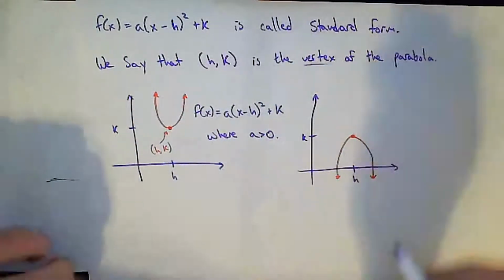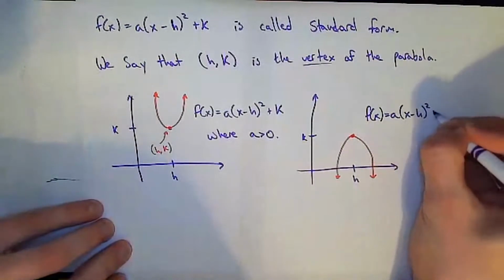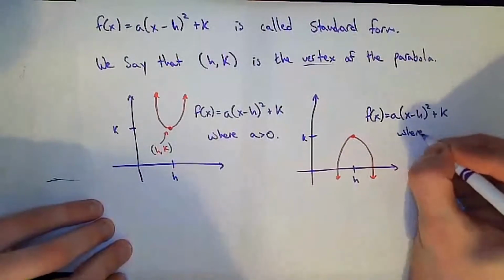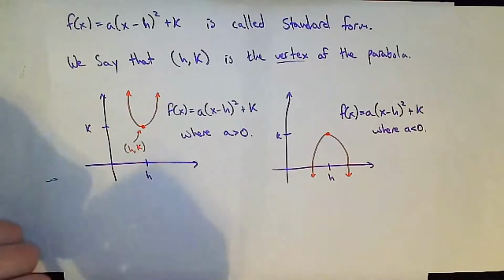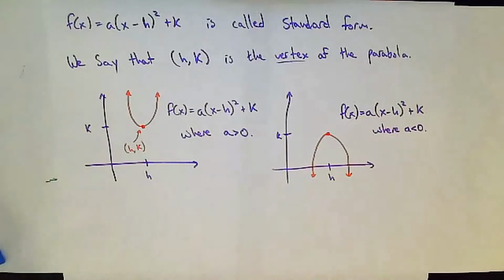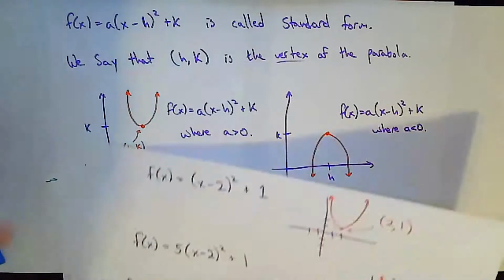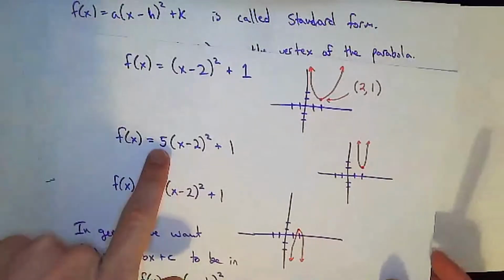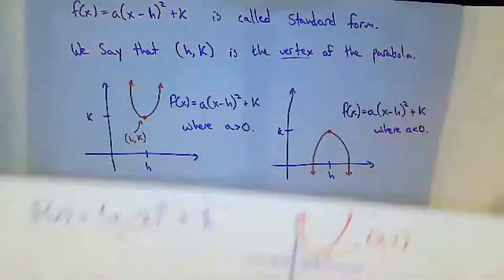So this is the form f of x equals a times x minus h squared plus k, where a is negative, where a is less than 0. I did a couple of these back here, right? I have the positive f of x, 5 times x minus 2 squared plus 1. There's that example, and then negating it flips it over.